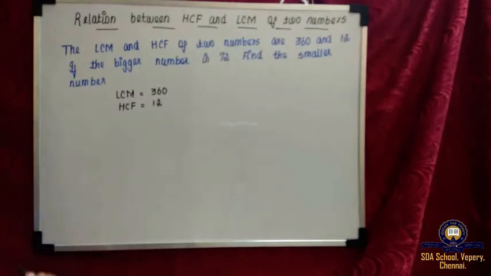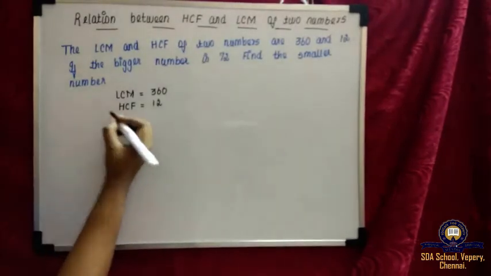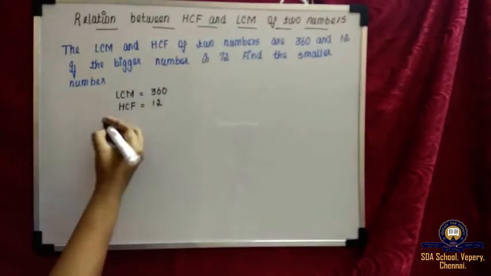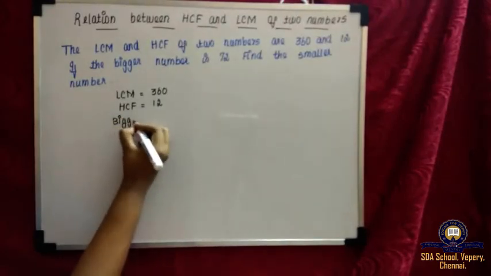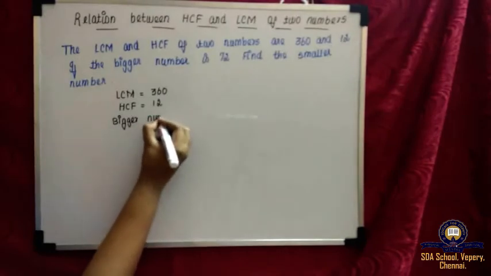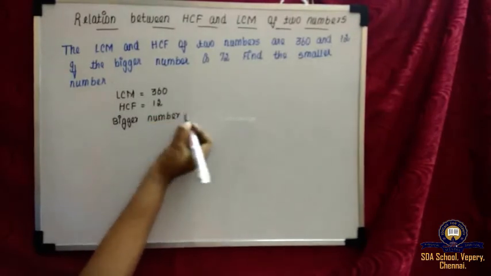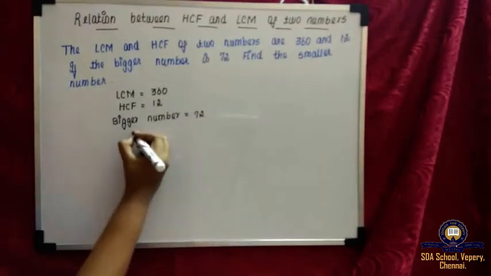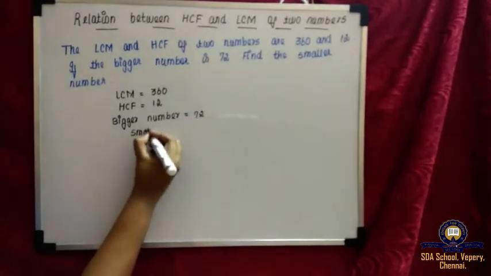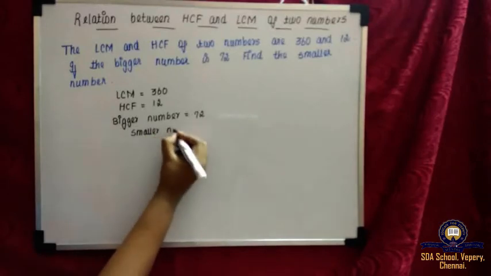If the bigger number is 72, so they have given one number, they have said bigger number is 72. Find the smaller number.